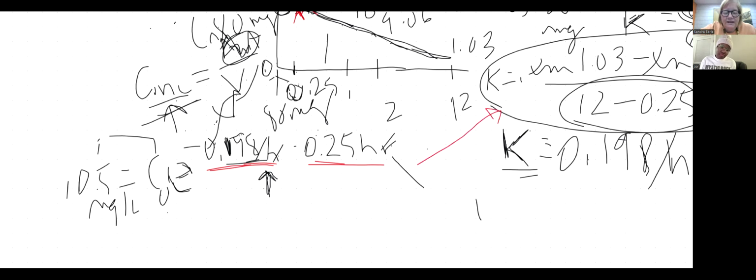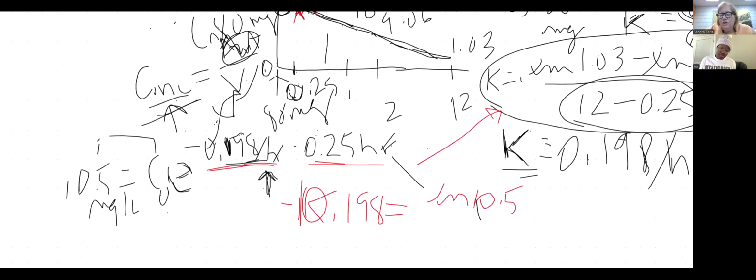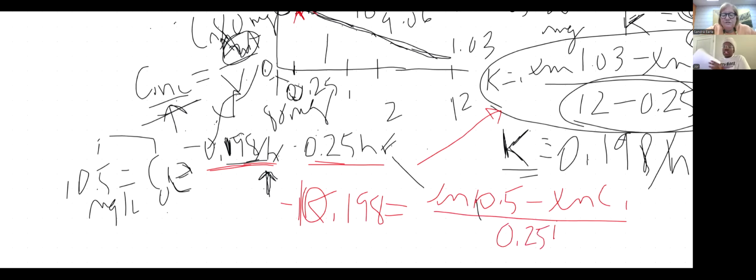We could say k, which we know is negative 0.198, is equal to natural log C2, and C2 in this case is going to be 10.5, minus natural log C1, which we're trying to figure out. Are you with me? Yes. Divided by the time, which is 0.25 hours, yes?